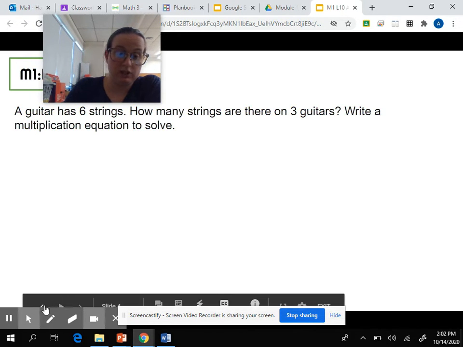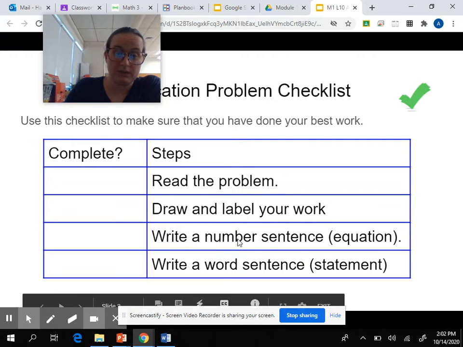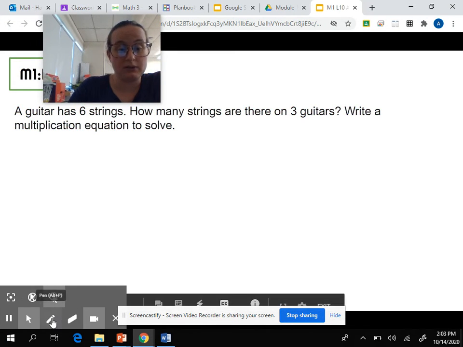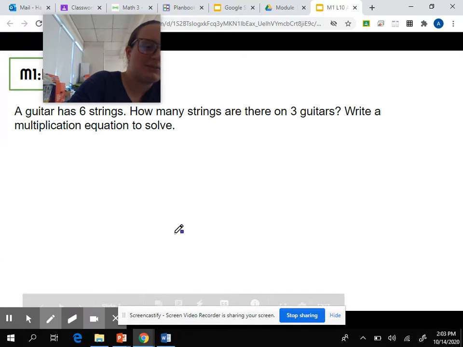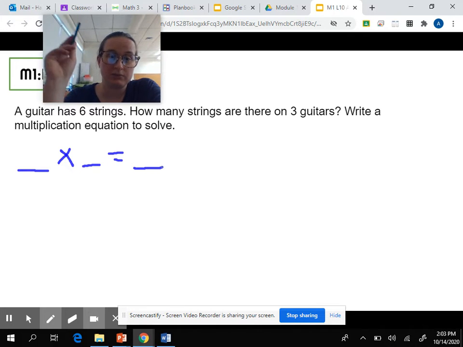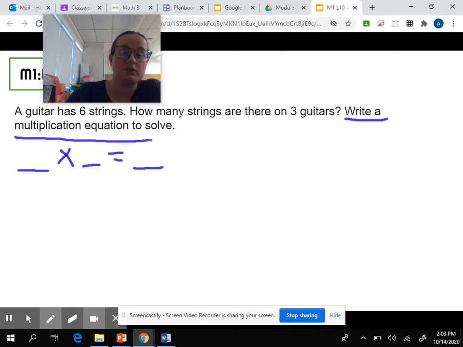So the equation that you should have, or your number sentence, is going to be a multiplication one. So if I were you, what I would do is draw blank times blank equals blank, because I know we're using a multiplication equation to solve, because it said write a multiplication equation to solve.